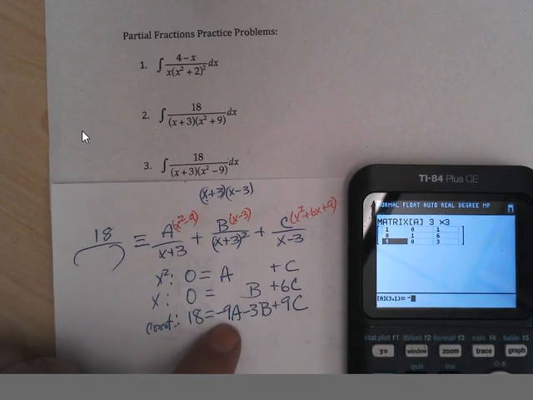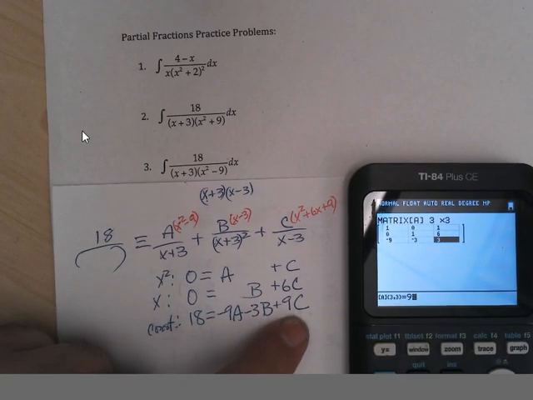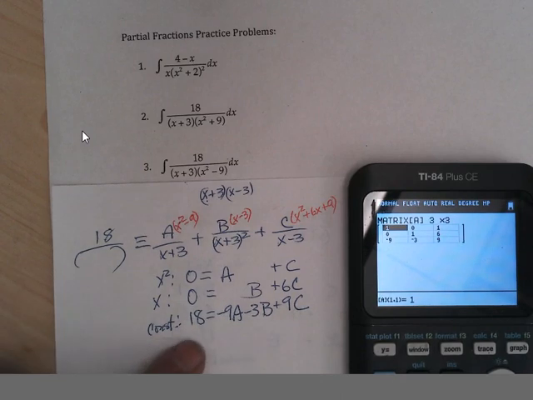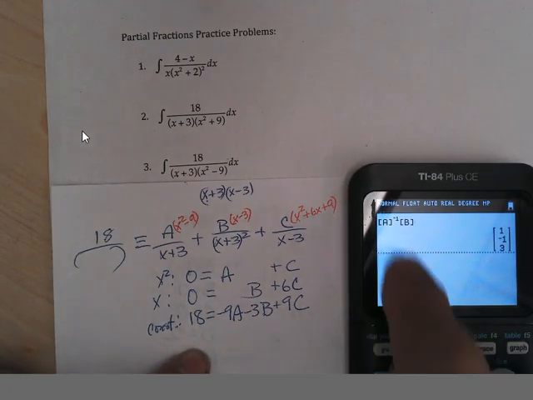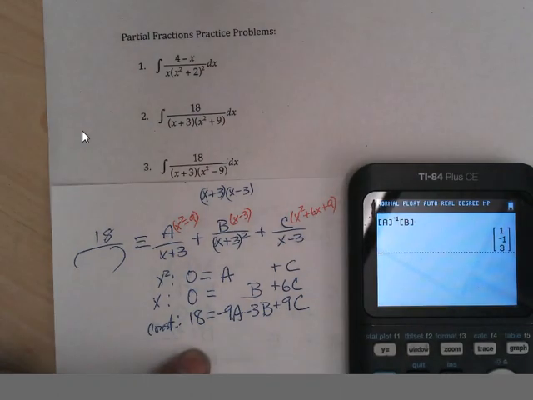And negative 9, negative 3, 9. And for B, second matrix, edit B, 0, 0, 18, second quit. I'm going to do A inverse B, so I just press enter and I'll have it.